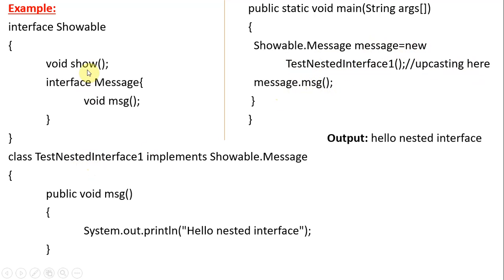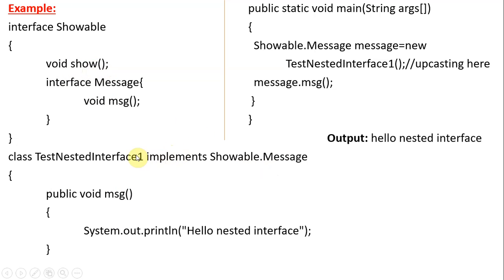Okay, see here. The show method is not implemented; that is actually the user's choice. We are actually implementing Showable.Message, not Showable. So we are implementing only this, that's why we implement the message method. If we implemented Showable, the show method should be implemented. Okay, so see the difference.